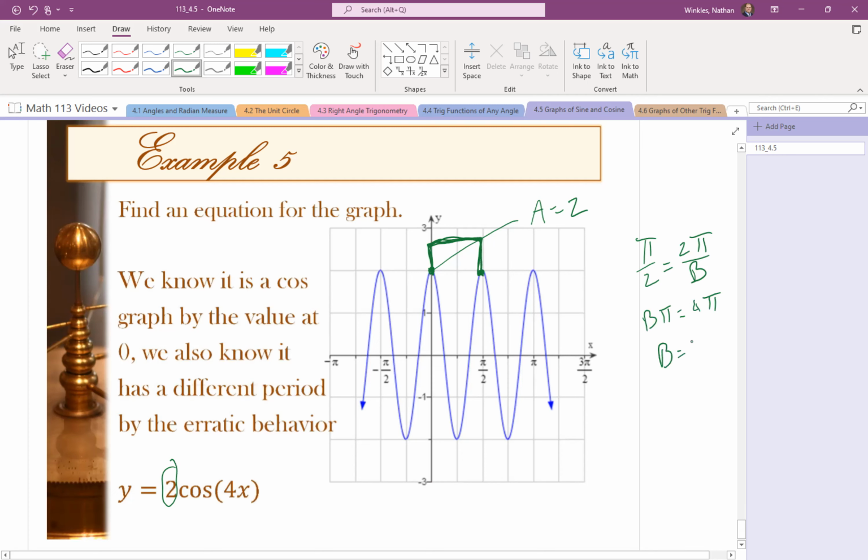Therefore B is equal to 4. That gives me my 4 over here. So therefore my function is 2 cosine 4x, because we see how erratic this is. That means it's going to be going a lot faster than our normal sine or cosine function. So we just have to be able to look at it and see a few things off of it of what's going on in each case here.